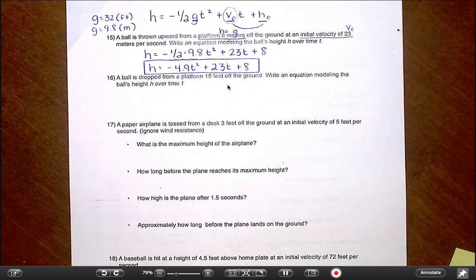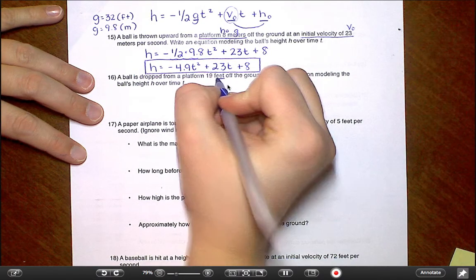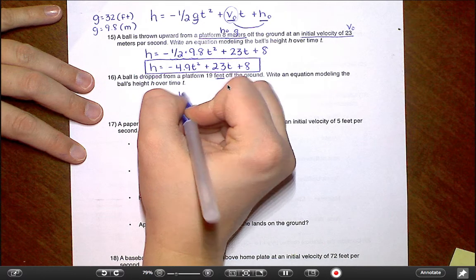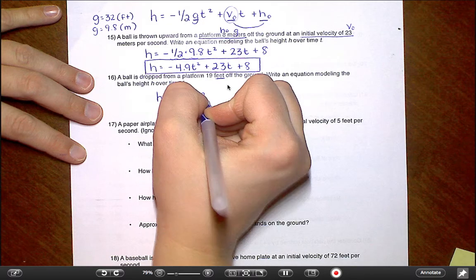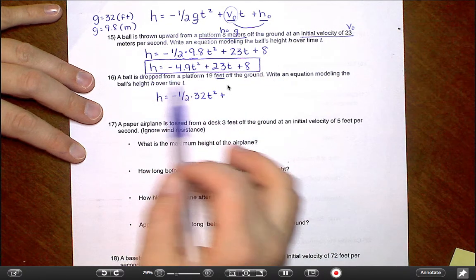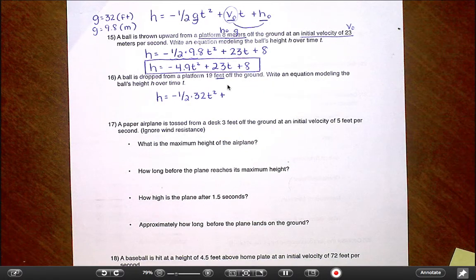So now let's see the next one. A ball is dropped from a platform 19 feet, so this one's in feet. When I get to my G value, that means I'm using 32 instead of 9.8. T squared plus my initial velocity. I don't see an initial velocity here.